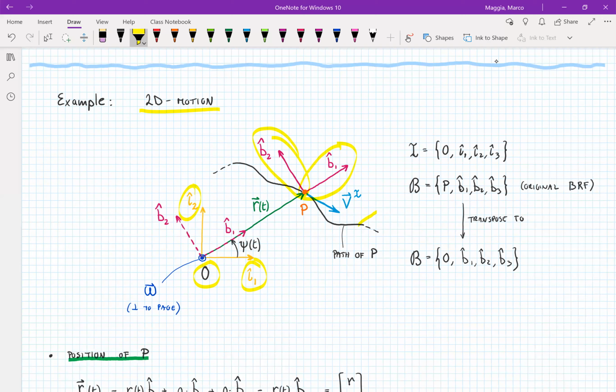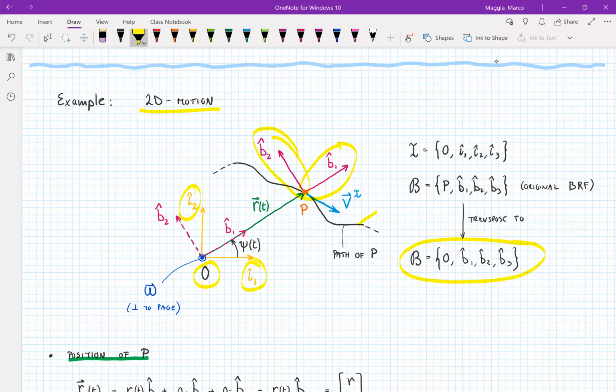So what do we do? Well, we just move the body reference frame from P to O so that they share the same origin. Our new non-inertial body frame of reference will have an origin also at O, so it will be O, B1, B2, and B3.